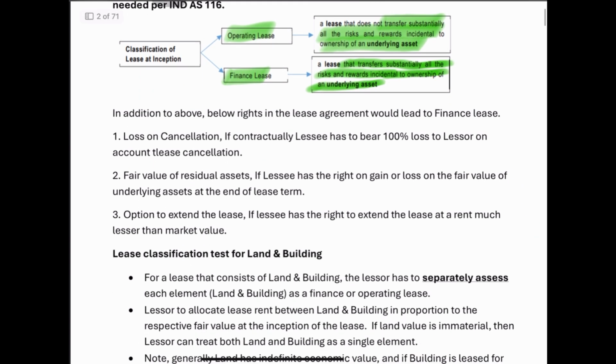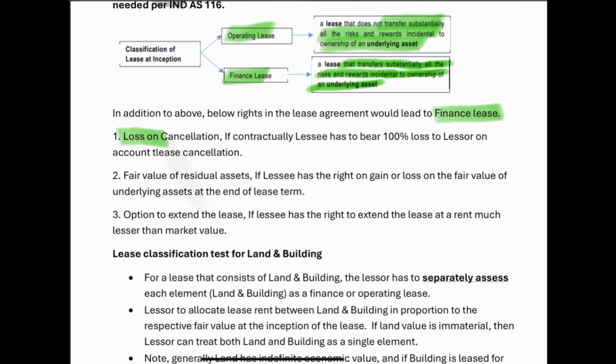Now, in addition to the specific classification of operating lease and finance lease, there are a few specific situations where, if the lease agreement fulfills those specific terms, then even those leases will be termed as finance lease. There are three cases where, if the lessee has this kind of rights, then the lease will be termed as finance lease.